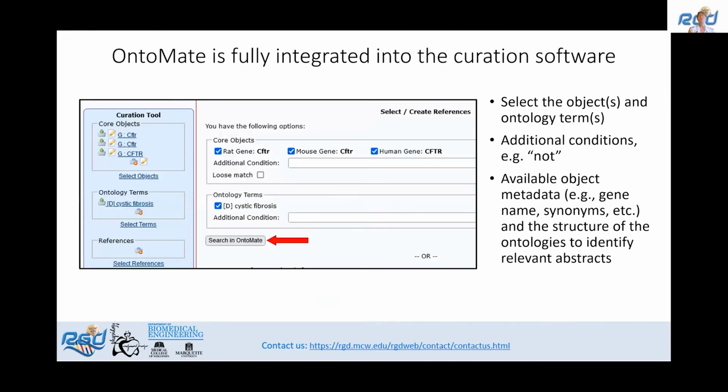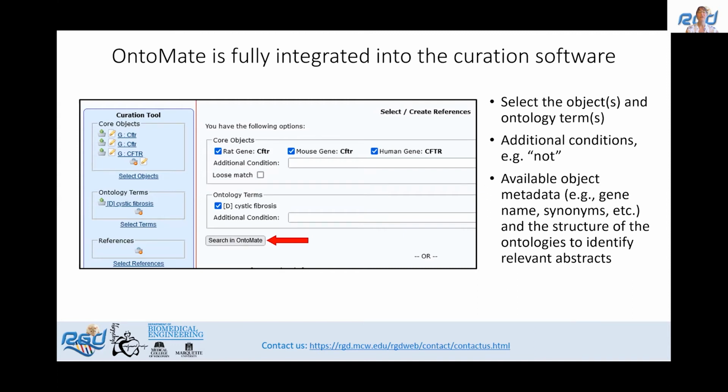So this tool is fully integrated into the curation software, but we've also made a web version of this. So it's on our website that anybody can go in and utilize the search engine from Ontomate. But within the curation software itself, you can see here we've selected the core objects, which are the gene CFTR from rat, mouse, and human, and those are added to our bucket.